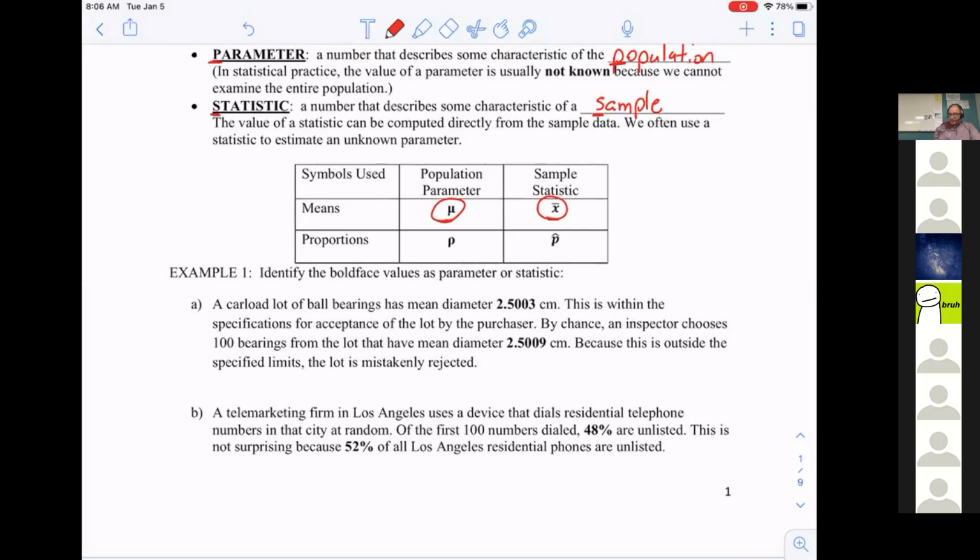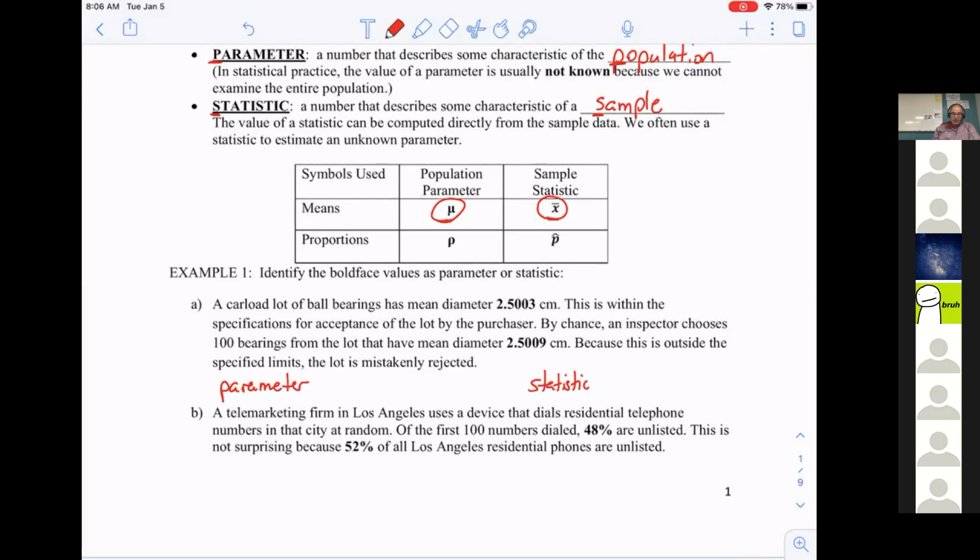By chance, the inspector chooses 100 bearings from the lot that have a mean of 2.5009 centimeters. Because this is outside the specified limits, the lot is mistakenly rejected. Within this problem, we have a parameter because it came from a population. We also have a statistic because it came from a sample.